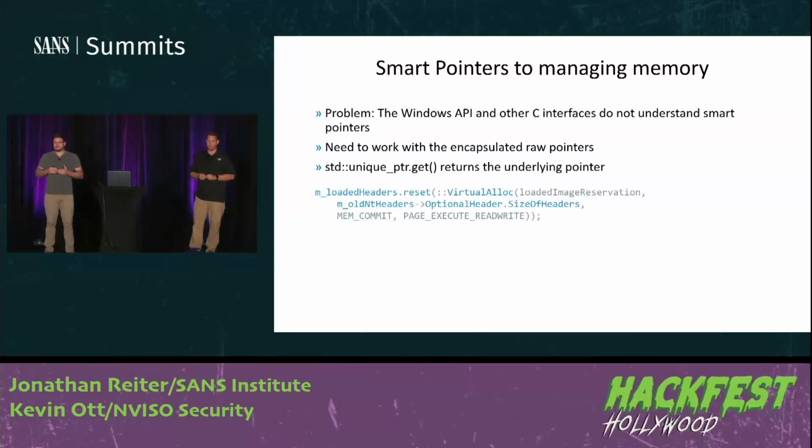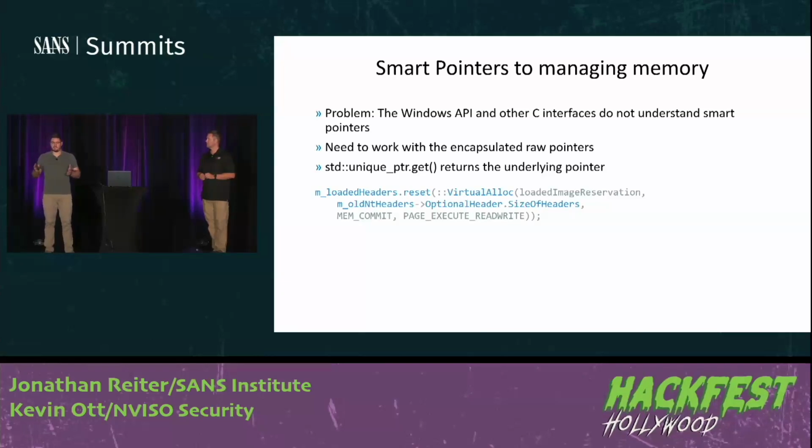So this is an example. Here we are tracking our loaded headers for our portable executable. And we are using the reset function to store the void pointer returned by VirtualAlloc in our smart pointer. In this case, we're using the reset function because I didn't write an override for the assignment operator, so the equal sign. You could do that.